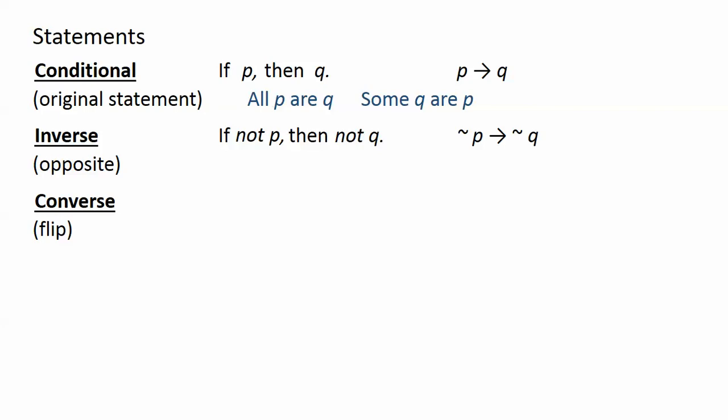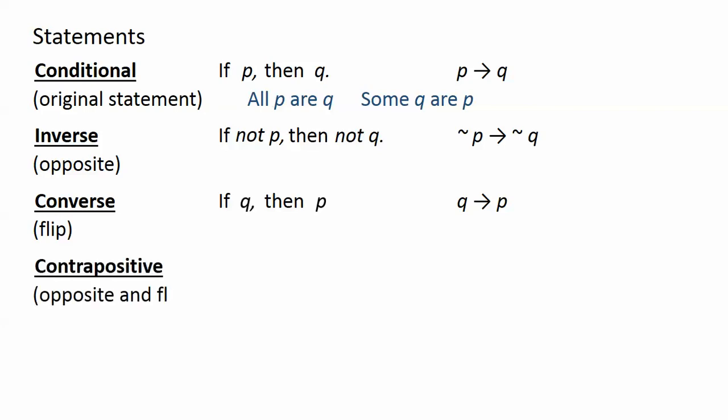Converse, a flip. If Q, then P. We'll write this as Q arrow P. If Q, then P. We have flipped our statements. Contrapositive. This will be the opposite and flip.